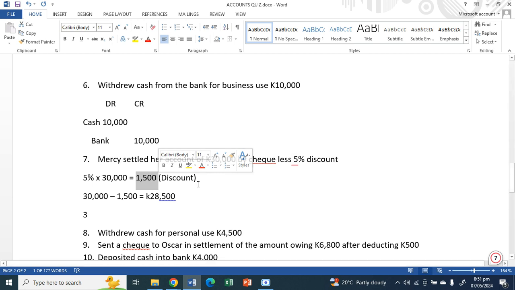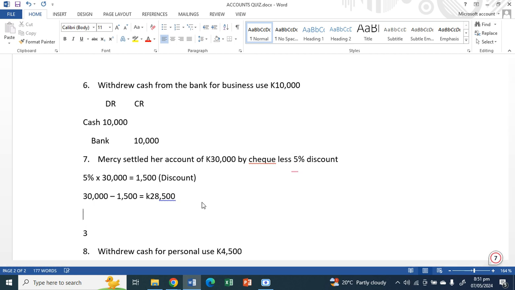All right, so we're going to debit bank, an increase in the assets since we're receiving money, 28,500. Then we're going to debit discount allowed, because we're receiving less than how much was owed us.